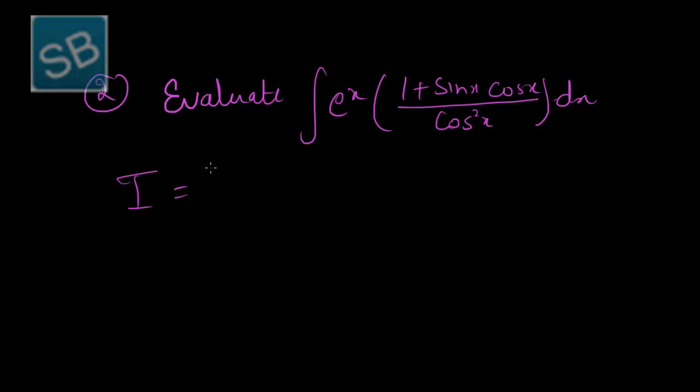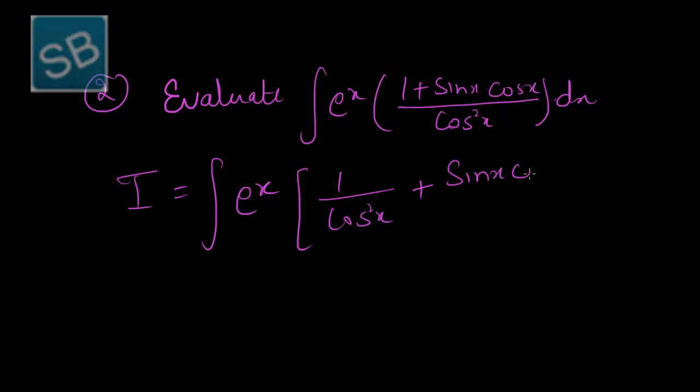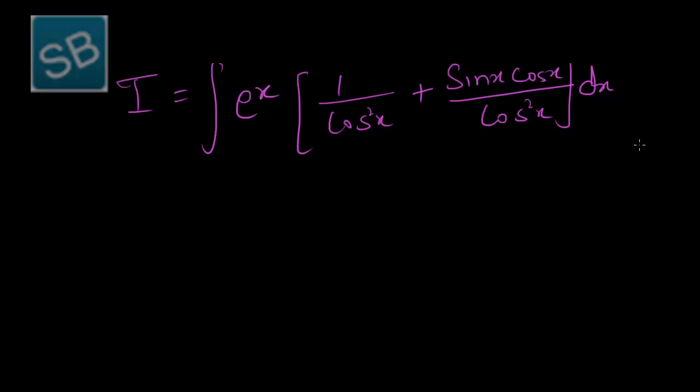Now, let's see what happens. e raised to power x into (1 over cos square x plus sin x cos x over cos square x) dx. So if we see here, we get e raised to power x into secant square x, since 1 over cos x is secant x, and one cos is cancelled out and we get sin x over cos x, that is tan x, dx.